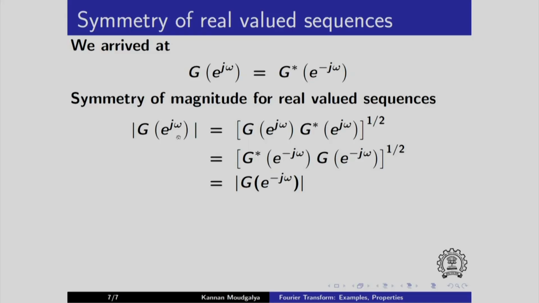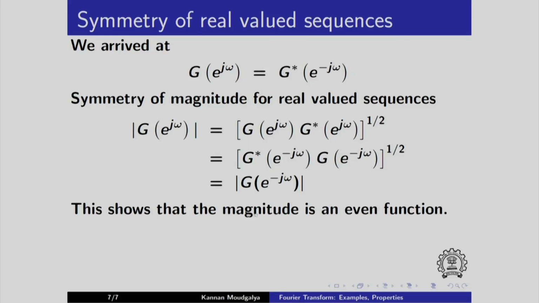So you see that the magnitude of G of exponential j omega is nothing but the magnitude of G of exponential minus j omega. Notice that these two are equal, these two are equal, so we get this expression. This shows that magnitude is an even function, that is when you replace exponential j omega with exponential minus j omega, you get the same expression.